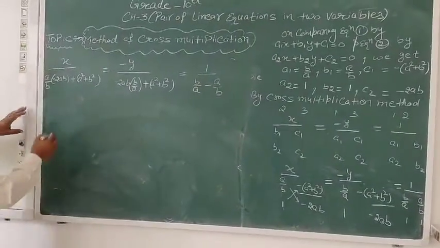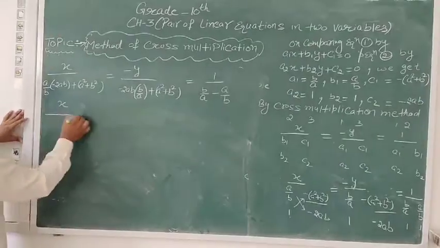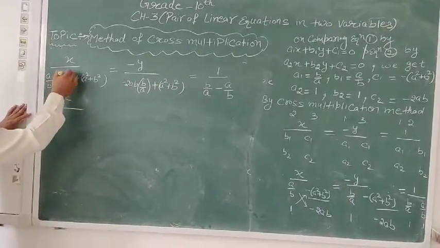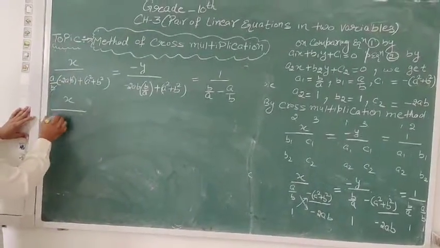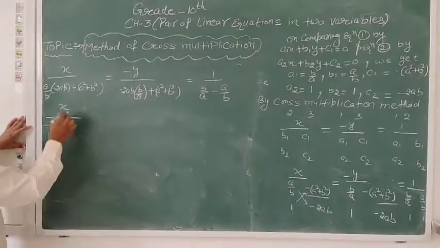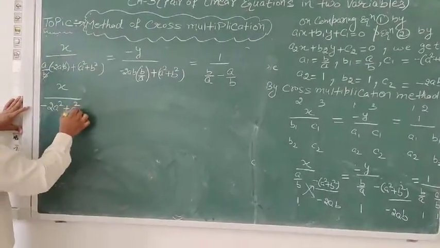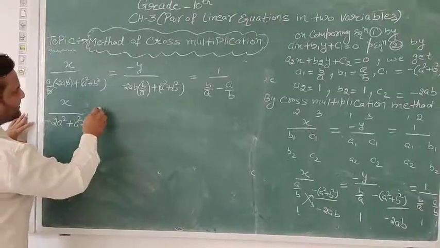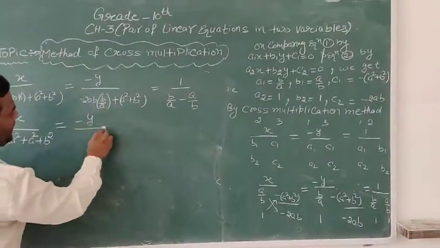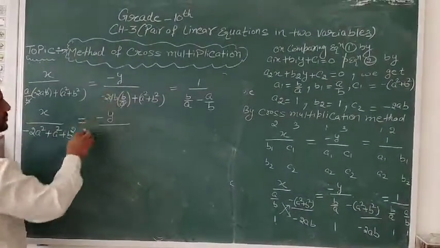So see, let us solve this. x upon, see, this b and this b are cancelled. We are left with minus 2a square, then plus here is what, a square plus b square, which further equals minus y upon, see guys, a and a are also cancelled.